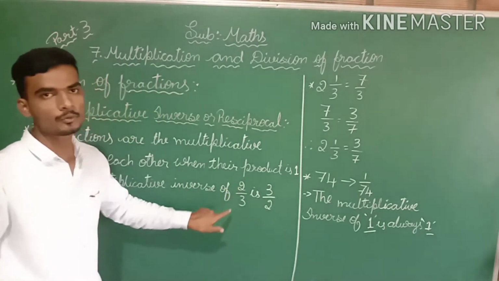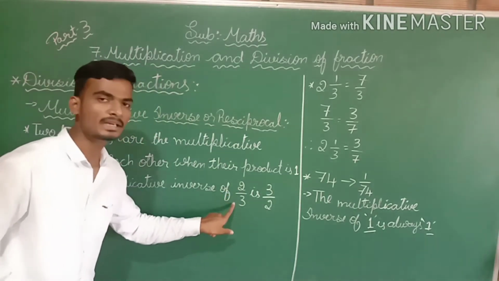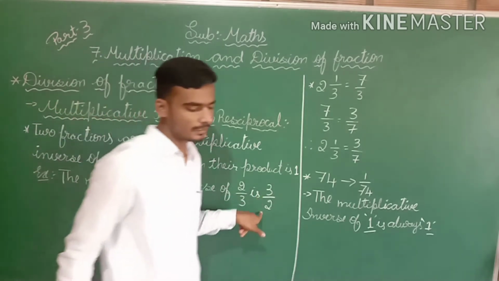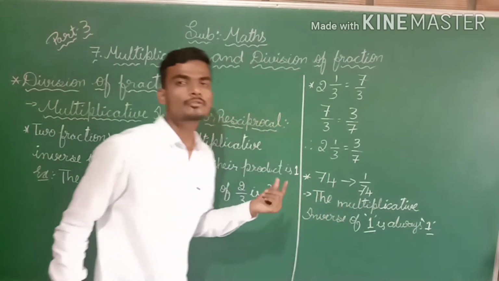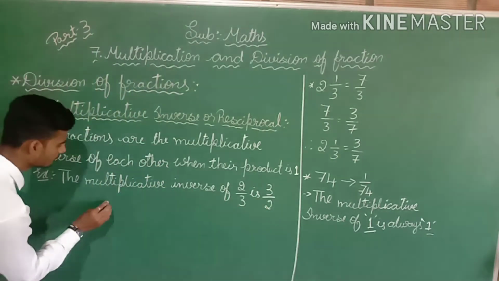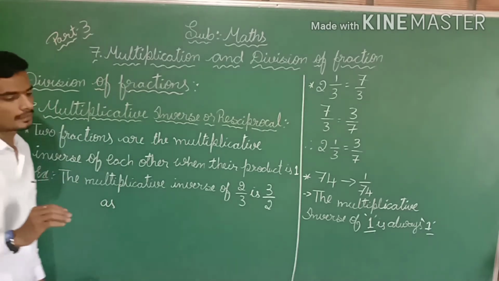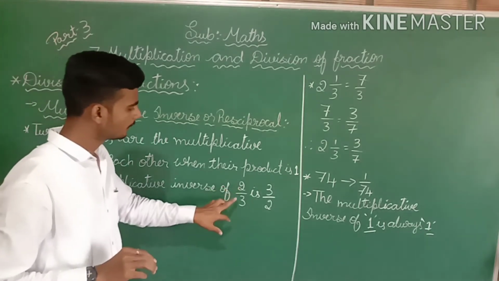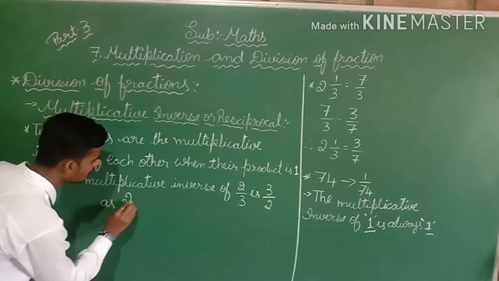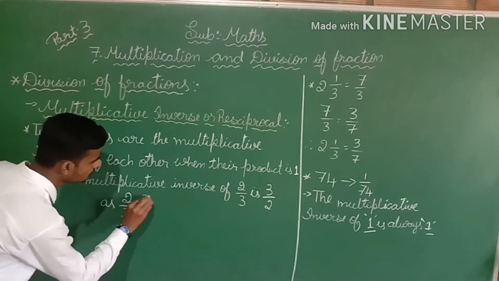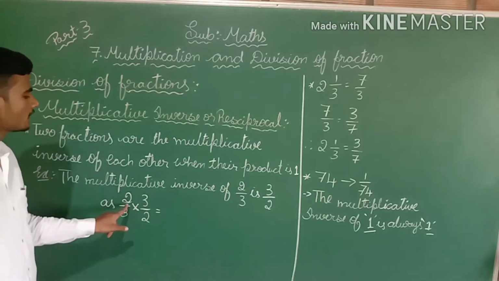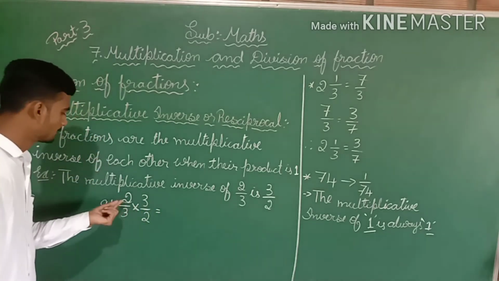Here is 2 by 3, then the multiplicative inverse of 2 by 3 will be 3 by 2. Then how will you get the product as 1? Let us see. We will get the product as 1: 2 by 3 into 3 by 2. You know how to multiply the fractions.